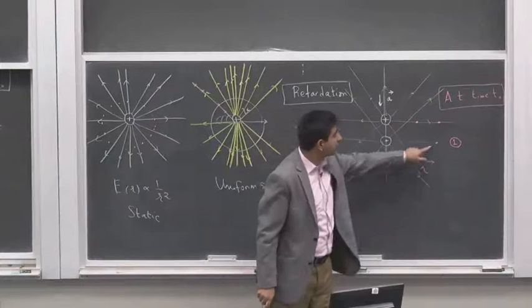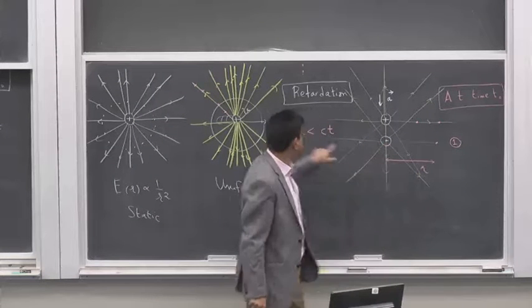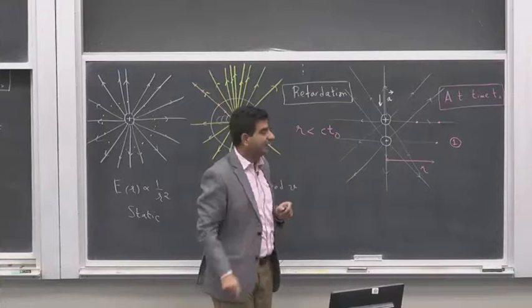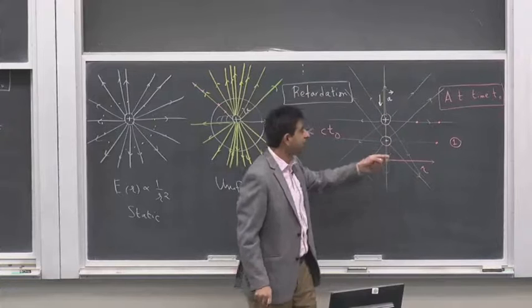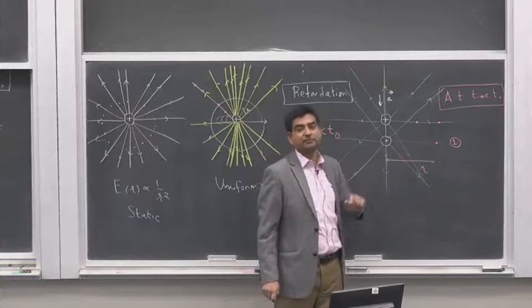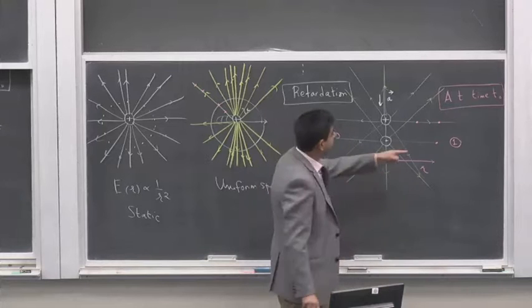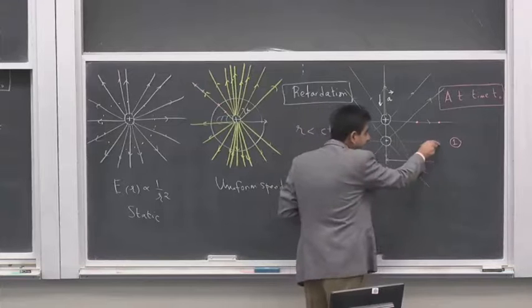If the distance of this observer from the new position of the charge is r, and this r is smaller than c times t naught, then the electric field configuration of this charge will have propagated to point number 1. So at point 1, the electric field that this observer is going to feel is in this direction.